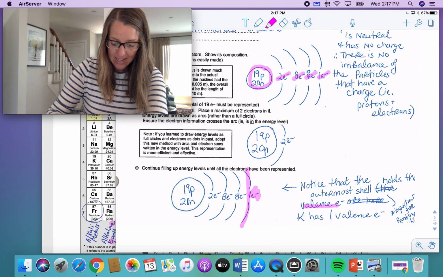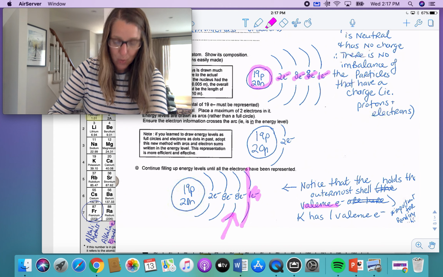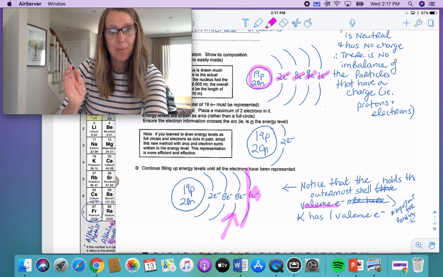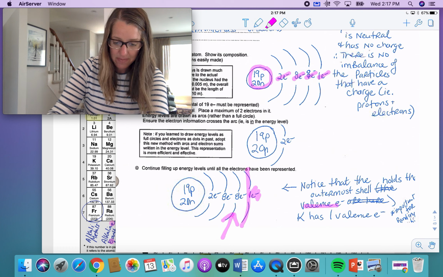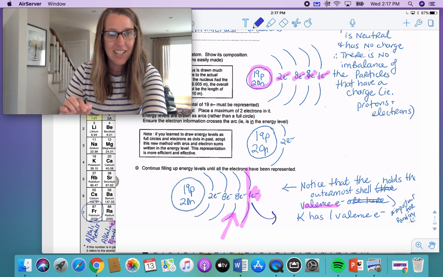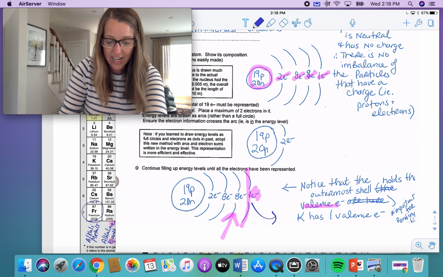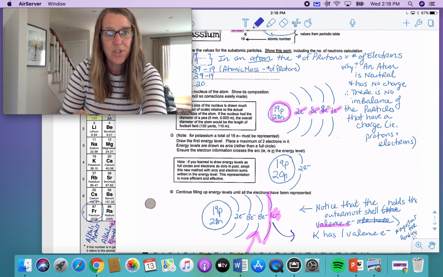So then its outer shell, which would be this one, would now be full. It's easier to lose one electron from this valence shell than it is to gain 7. That's why potassium, like all other metals, want to lose electrons, and by losing electrons, they become a positive ion.